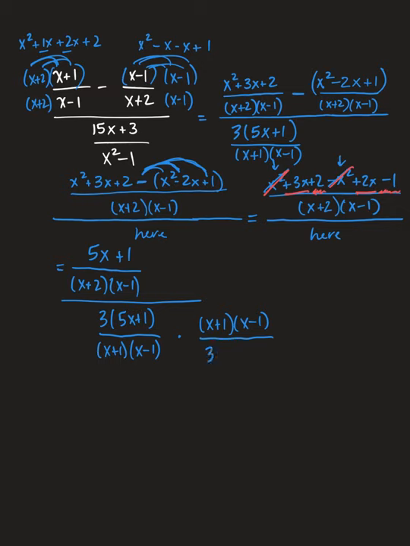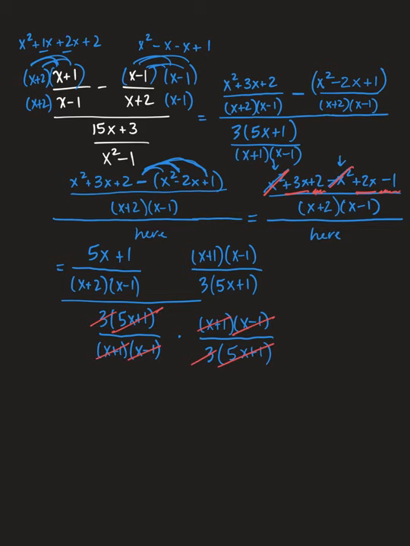All over 3 times 5x plus 1. So x plus 1, x minus 1, all over 3 times 5x plus 1. So 3 and 3 reduce, 5x plus 1, 5x plus 1 reduce, x plus 1, x plus 1, x minus 1, x minus 1. That should happen every time when you multiply by the reciprocal.